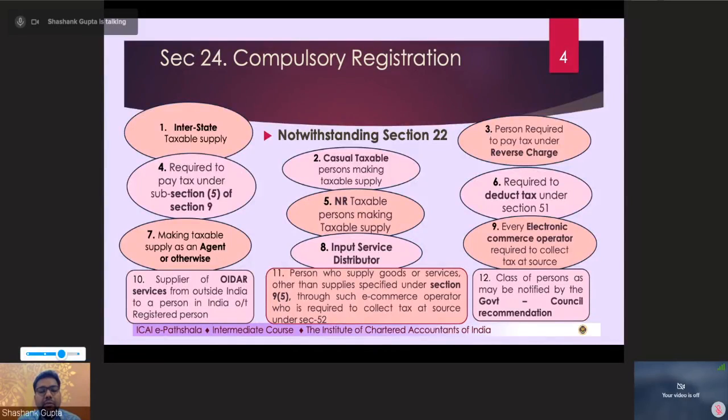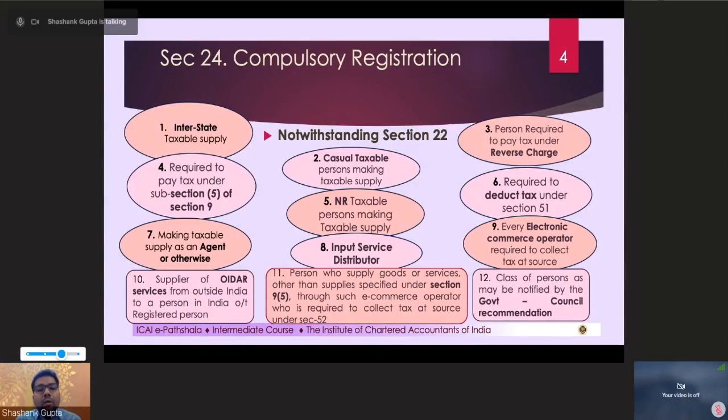Input service distributor is someone, so basically big entities like Hindustan Unilever, Nestle, Airtel, Jio, all these companies have pan-India presence, but they have their corporate office in either Delhi, Haryana, Gurgaon or Mumbai, Maharashtra.